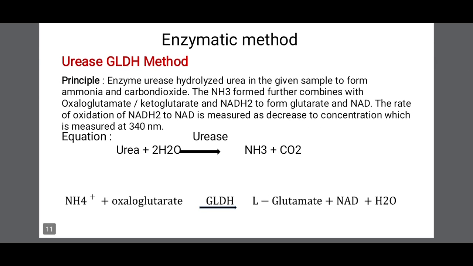By the enzymatic method we use the urease GLDH method. The principle is that the enzyme urease hydrolyzes urea in the given sample to form ammonia and carbon dioxide.